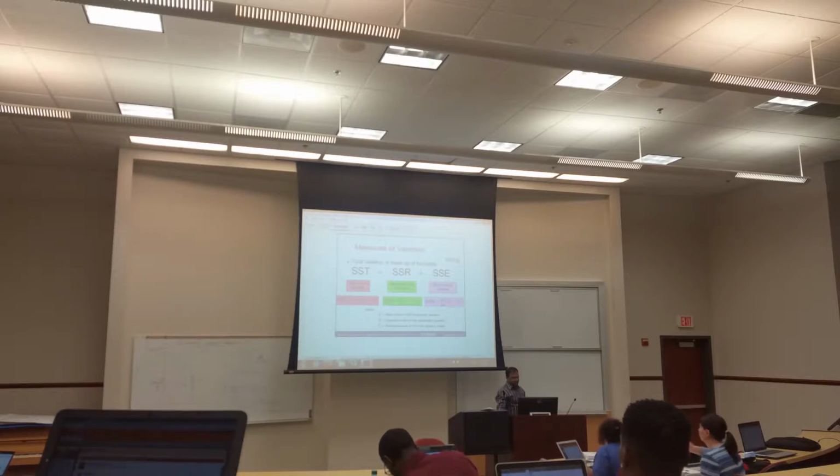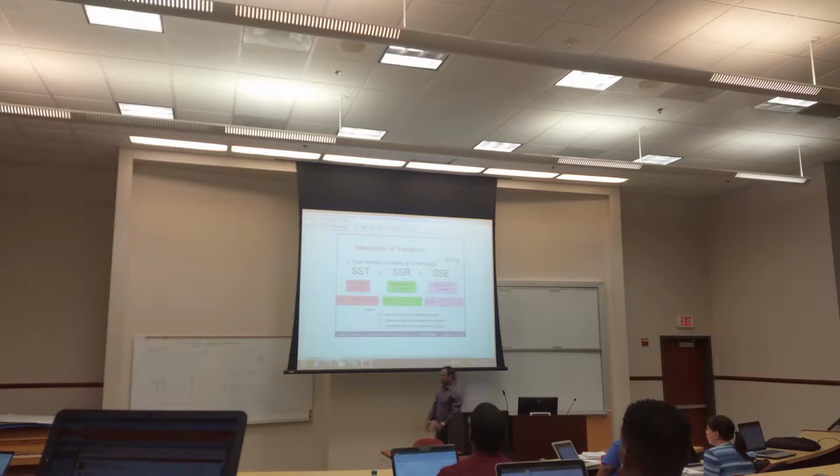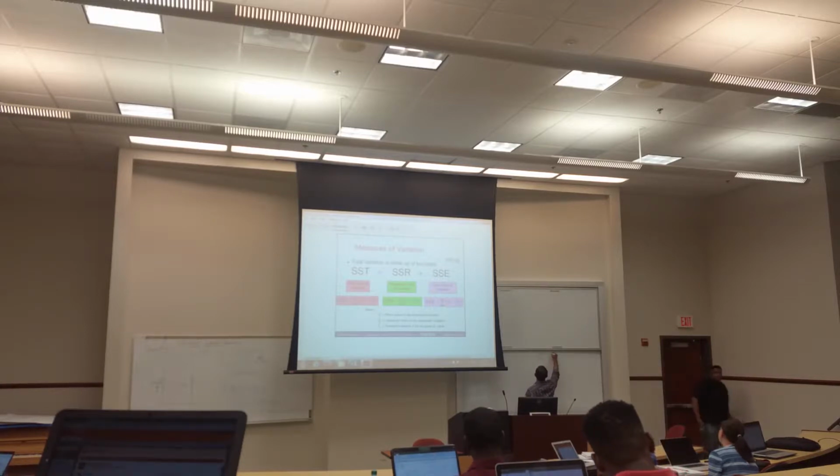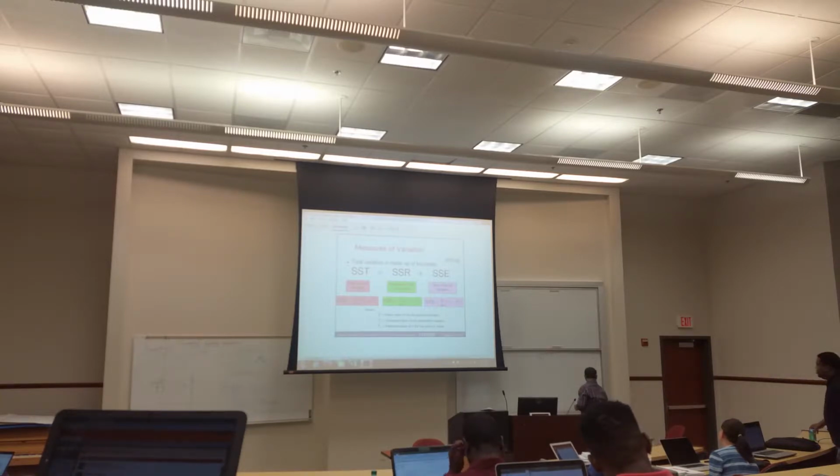The next thing is, what is my regression line doing? How useful is it? To determine that, we need a statistic for measuring how good my regression model is. Going back to the plot we had, this is house prices in thousands of dollars, and this is square footage.